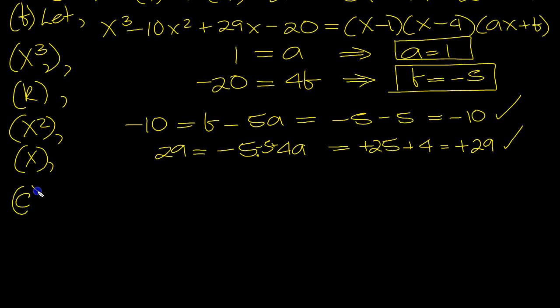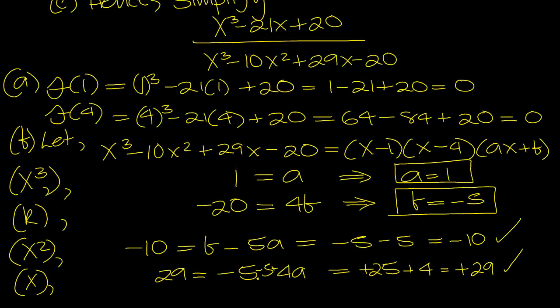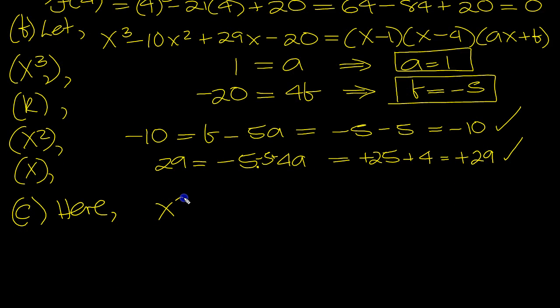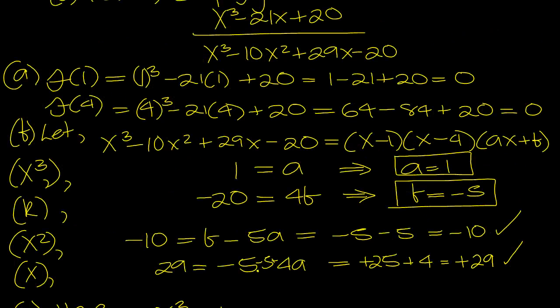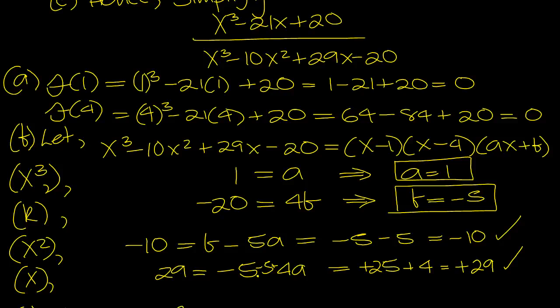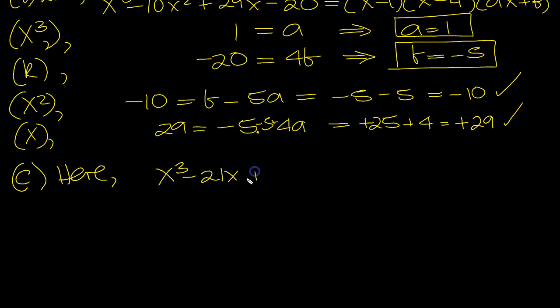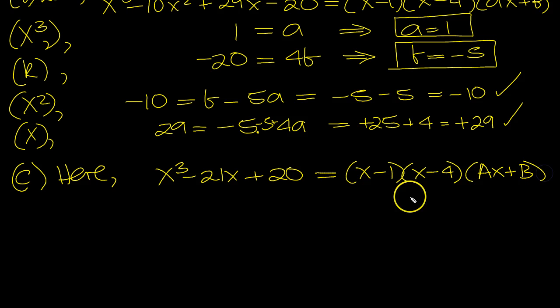So part C, so here. Now the only thing we need to do is just do the top part. x cubed minus 21x plus 20 is equal to x minus 1, x minus 4, and then we need another Ax plus B. Let's use capitals.